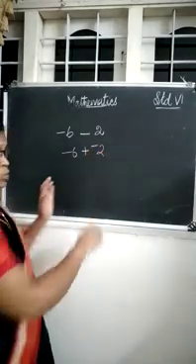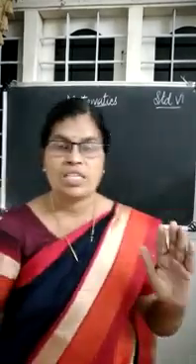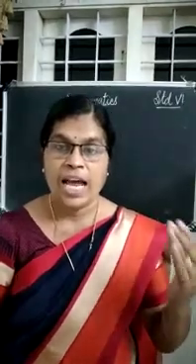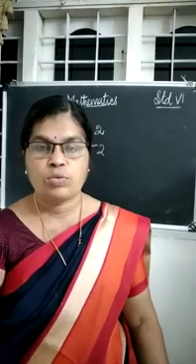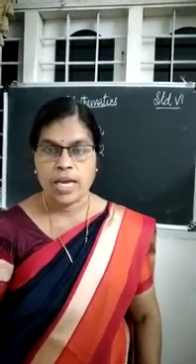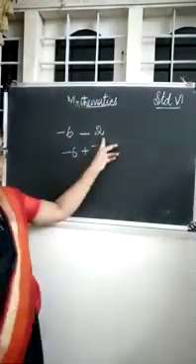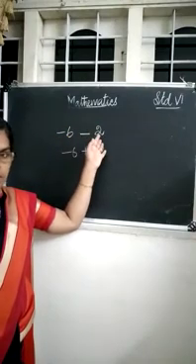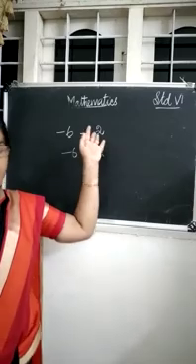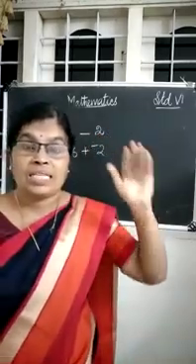So what we have to do? The subtraction will change to addition and take the additive inverse of the integer which we are going to subtract. Here we are going to subtract 2 from negative 6. That 2 is a positive integer, and that positive integer will change to its additive inverse.